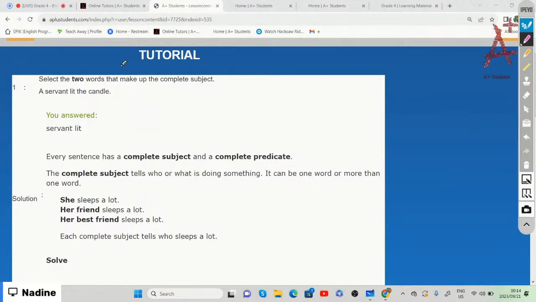If we select the two words that make up a complete subject, then it will be a servant. And what is the servant doing? Lit the candle. But basically just a servant.